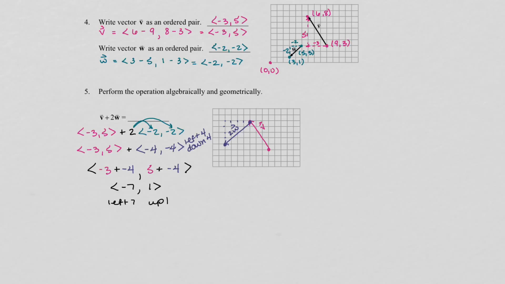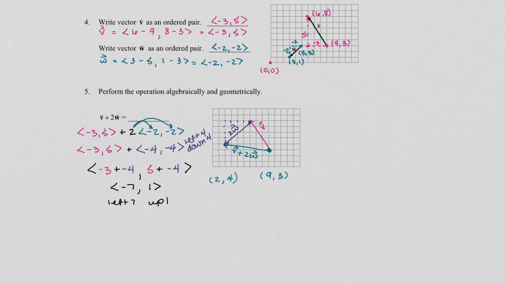And then remember that your sum of the two is the vector that goes from the initial point of your first one to the ending point of your second one. And so here it is right here. This is v plus 2w. And you'll see that it starts over here at 9, 3 and ends over here at 2, 4.